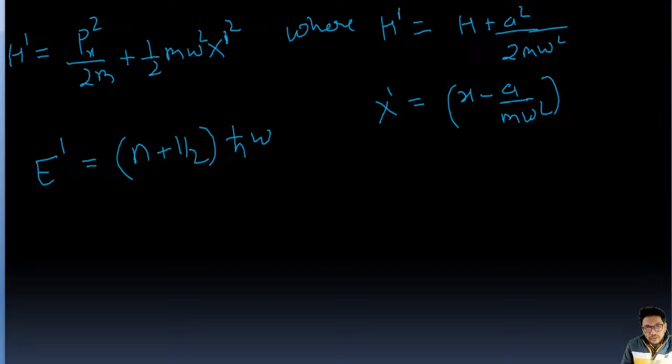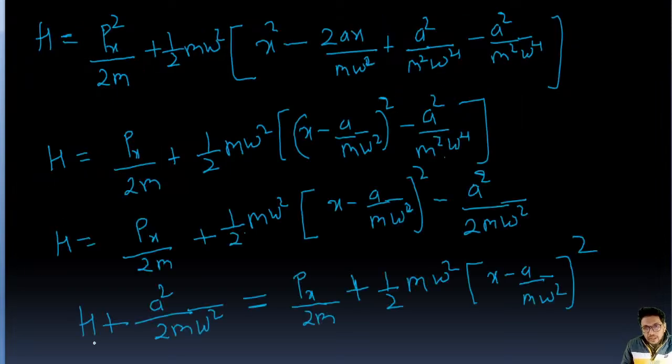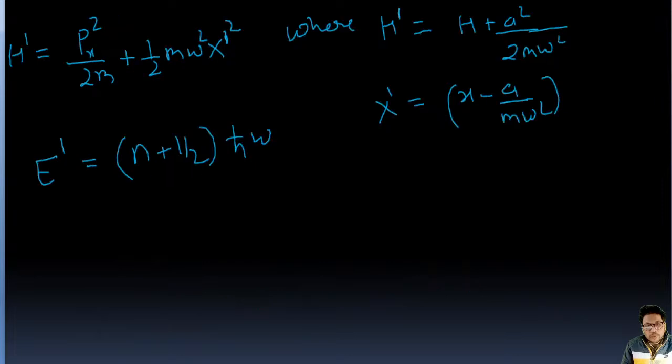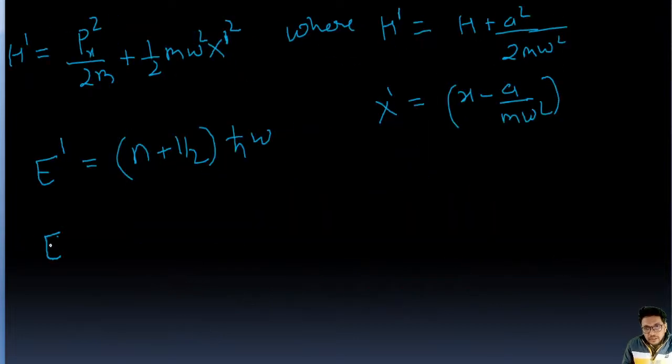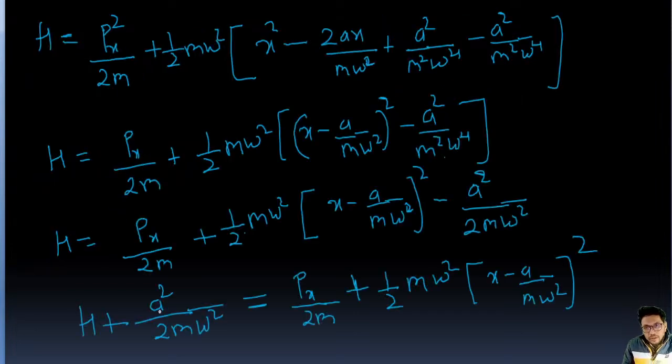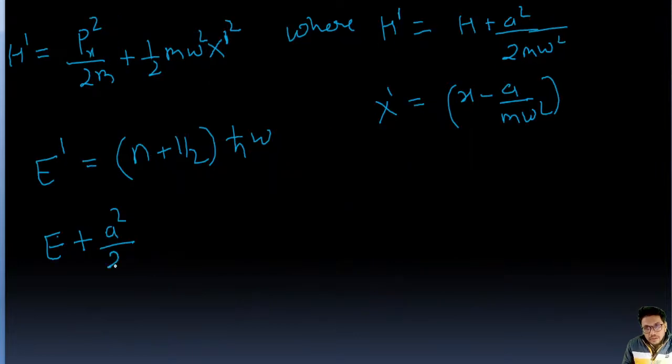Eigenvalue. So the value of E dash is H plus a square upon 2m omega square, and H and E are the same, right? So H is E plus a square upon 2m omega square, and this is equal to n plus half h cut omega.